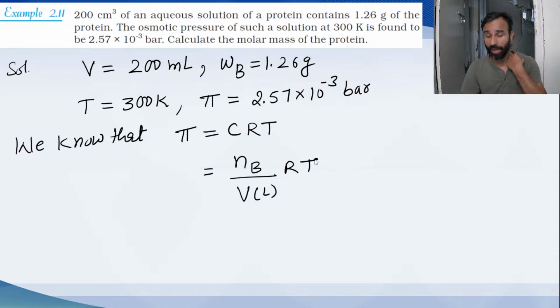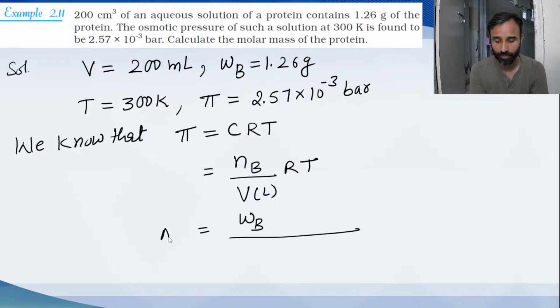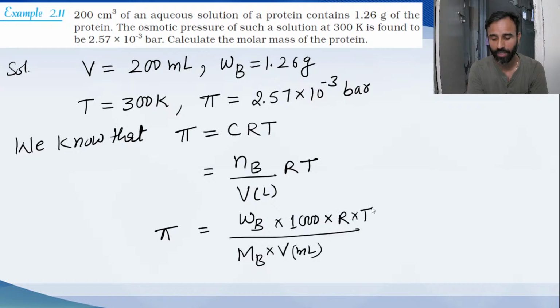Volume is given in ml. Number of moles are not given. So we expand it further: WB by MB, volume in ml, so it is multiplied by 1000, into R into T. WB we have in gram. Molar mass we have to calculate.